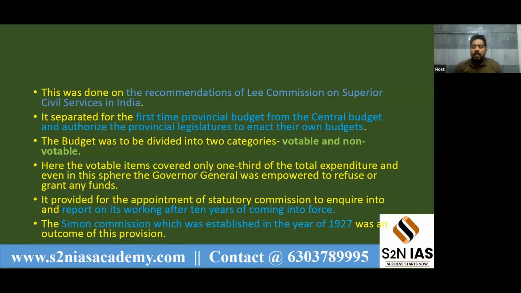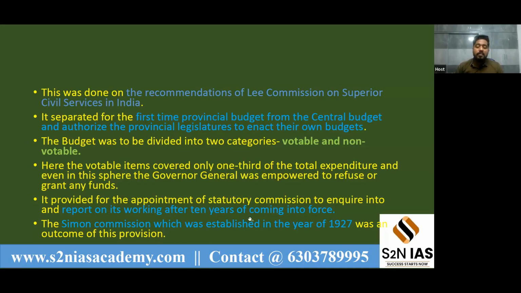Still, if the legislature does not agree with the sanctions given in the votable budget, the Governor General can veto it and he can refuse or grant any funds irrespective of the share. So only a framework was given to the external world that we are giving voting rights on the budget, but in reality, everything was under the control of the Governor General and the British Crown.